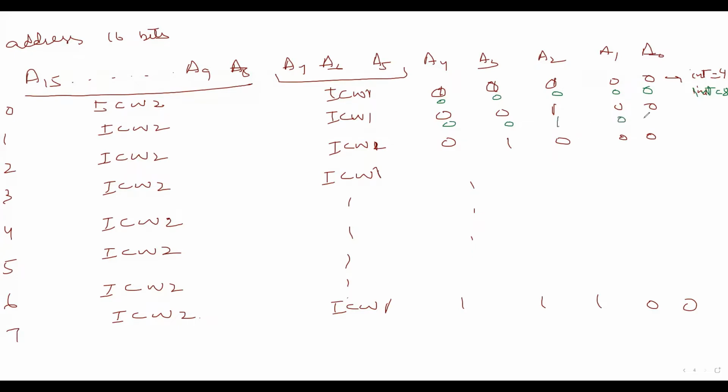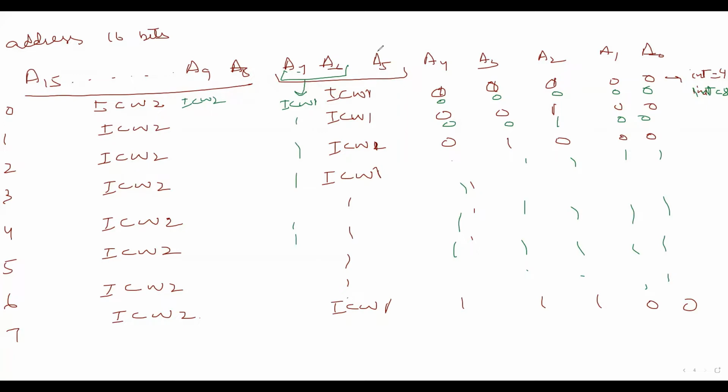1, 0, 0. So these bits will be the same, but the difference is here. Only these bits, A6 and A1, will be taken from ICW1, and these 8 bits are also taken from ICW2. So only these bits differ.